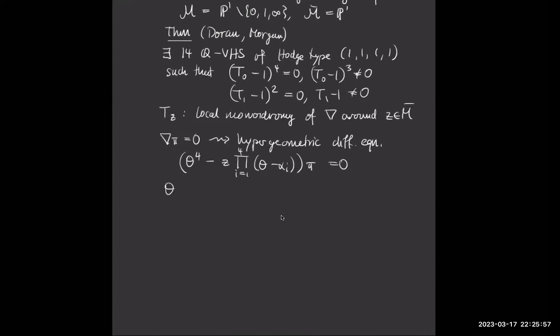So here theta is C d over dC, C a local parameter around zero. And so what the theorem gives is all the 14 possibilities of the values of alpha.